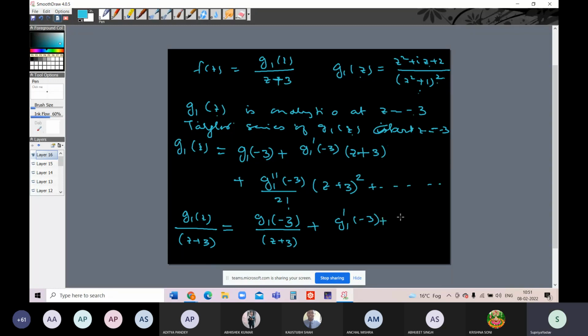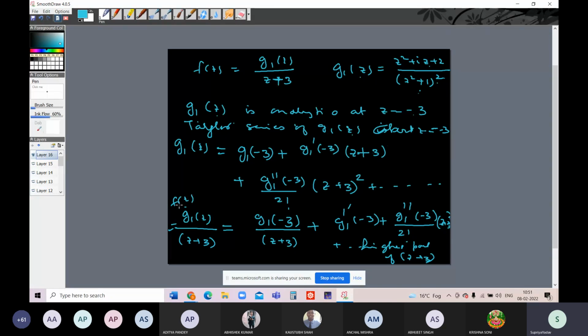Next will be g1''(-3) upon factorial 2 into (z plus 3) and higher powers of z plus 3. So you can see that the remaining part is powers of z plus 3. This was the function f(z).